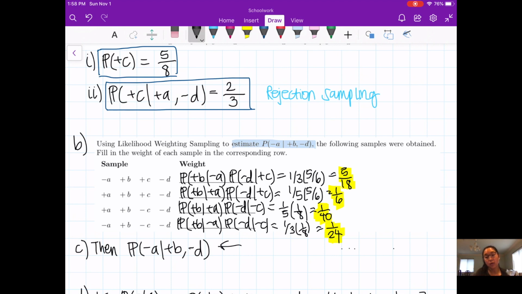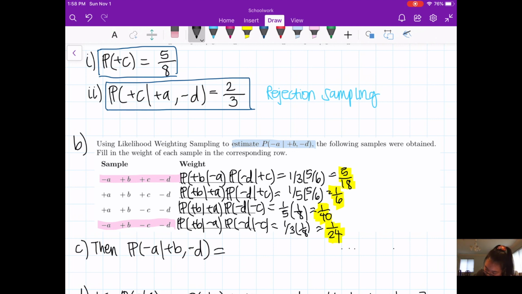So now what we're going to do is just consider all the different samples and then add their weights together. So specifically, this will be equal to, kind of similar to prior sampling, where everything is satisfied on the top. So we want to include the weights that have negative A, positive B, and negative D. So that will be, let's see, negative A, so this one, and then also this one.